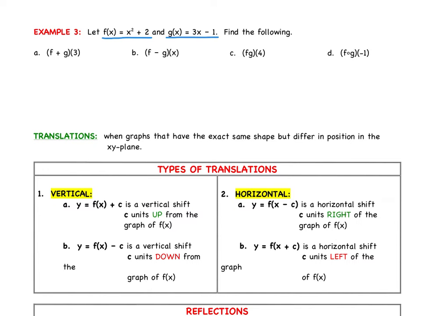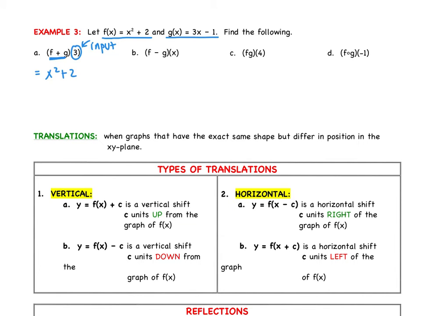In A, this tells us that we're adding the functions. So we're adding the functions to make a new function. And if you remember this notation, the input is going to be 3. It's asking us what the output is. We are going to start by adding our functions. So if we add them, we get x squared plus 2.